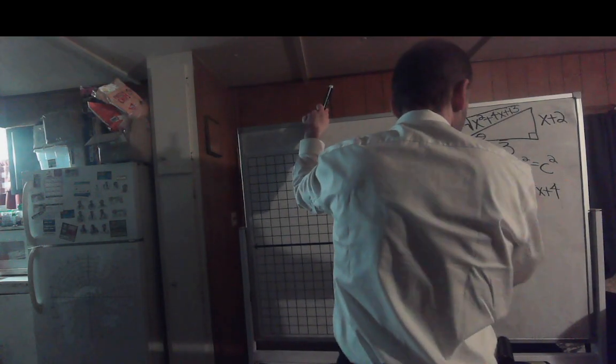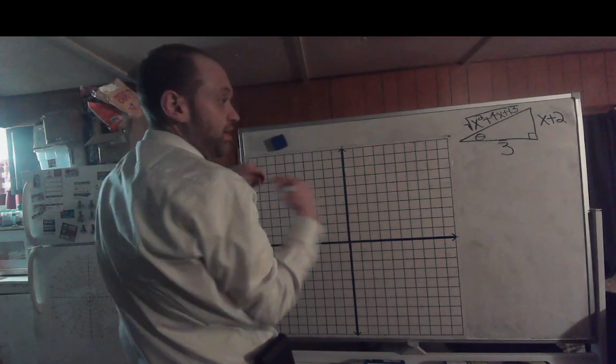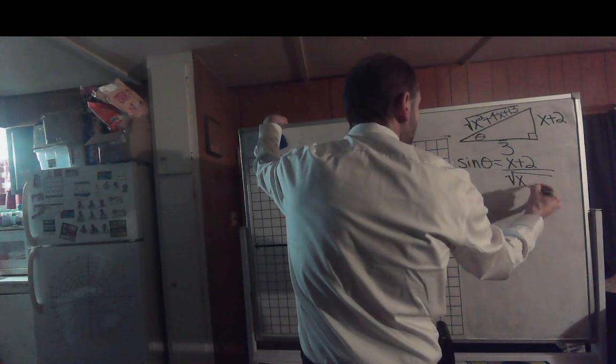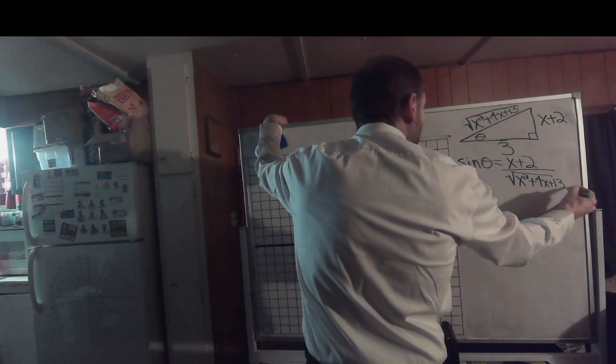All right. Now let's get busy finding three of the ways to identify the theta. So let's use the sine ratio. The sine of theta, that's going to equal x plus 2 all over that square root of x squared plus 4x plus 13.